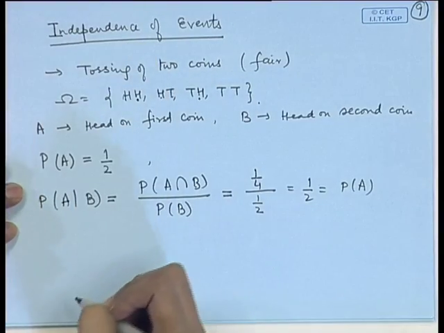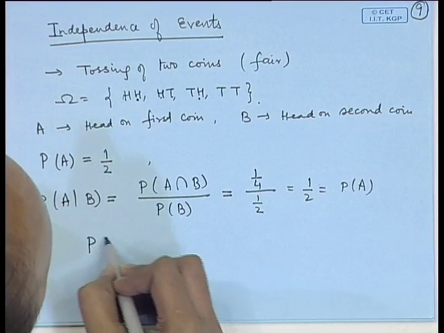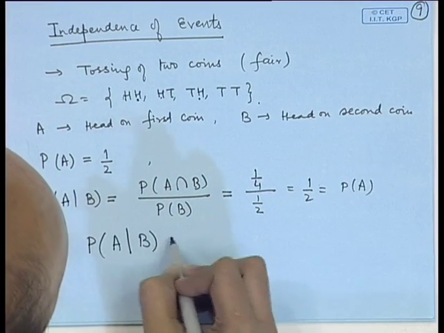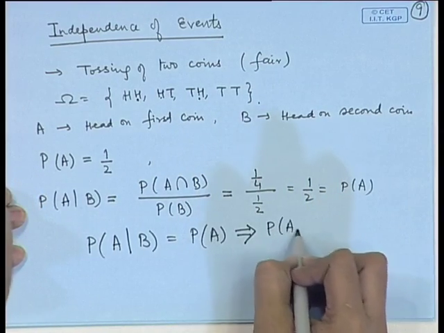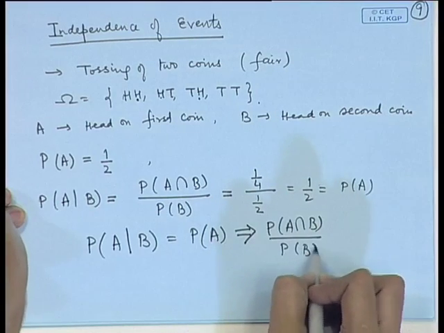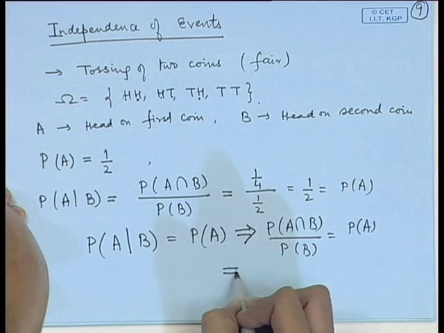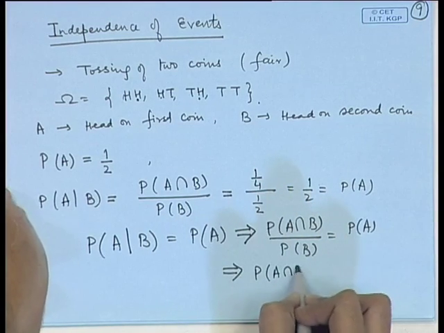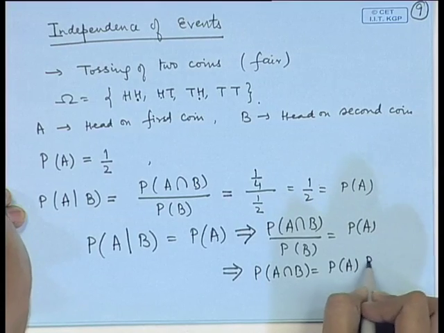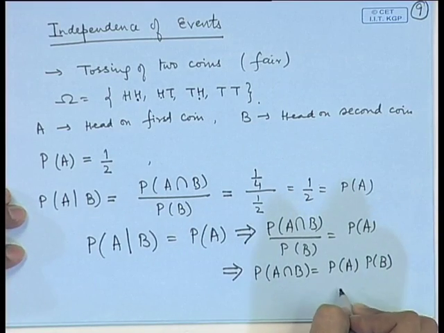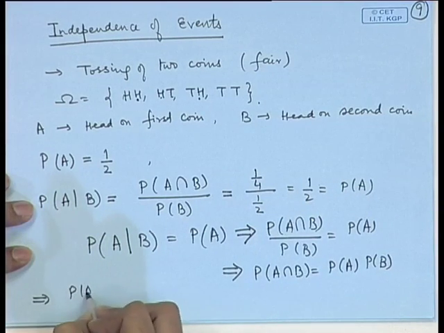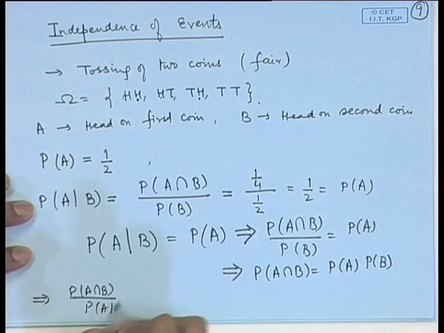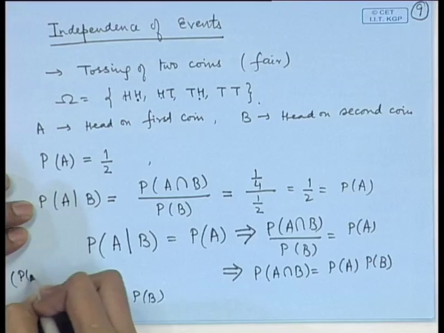So, if we proceed from the definition of the conditional probability, we must define event A to be independent of event B if we have probability of A given B is equal to probability of A. It translates into probability of A intersection B divided by probability of B is equal to probability of A, which is translating to probability of A intersection B is equal to probability of A into probability of B. Now, if we also make the assumption that probability of A is positive, then this will translate to probability of A intersection B divided by probability of A is equal to probability of B, provided we have assumed that probability of A is positive.